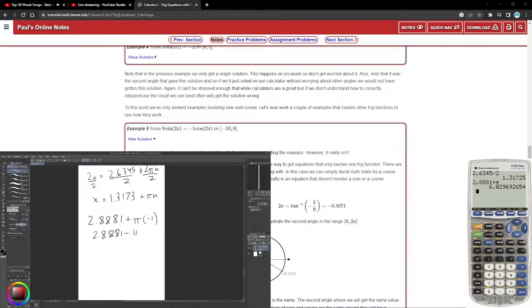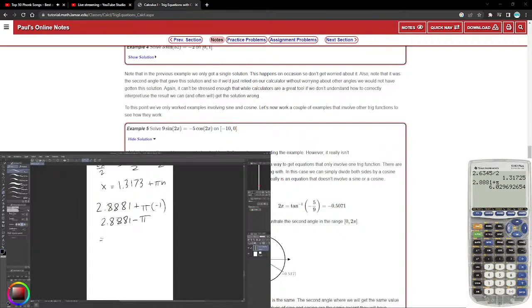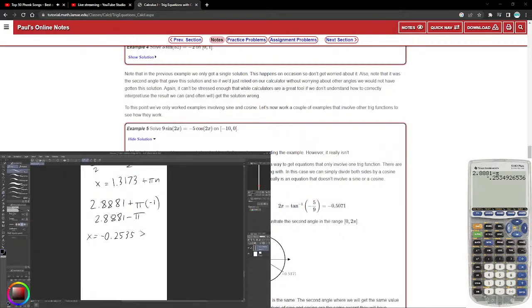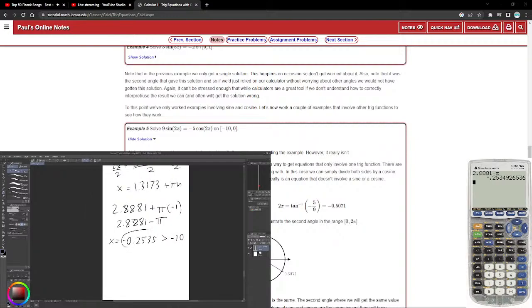2.8881 minus pi equals negative 0.2535. That is greater than negative 10, so it works.